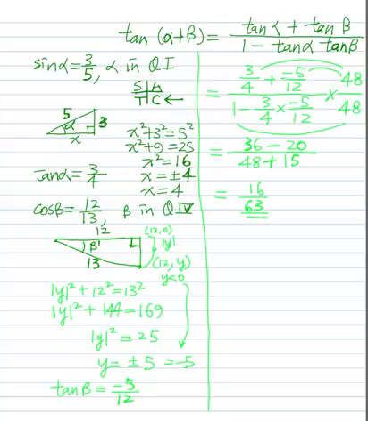Instead of drawing beta, in this case, we will draw the reference angle. We call it beta prime inside a right triangle. Cosine function, we can look at it as adjacent over hypotenuse. So we put 12 as the length of the adjacent side and 13 as the length of the hypotenuse.